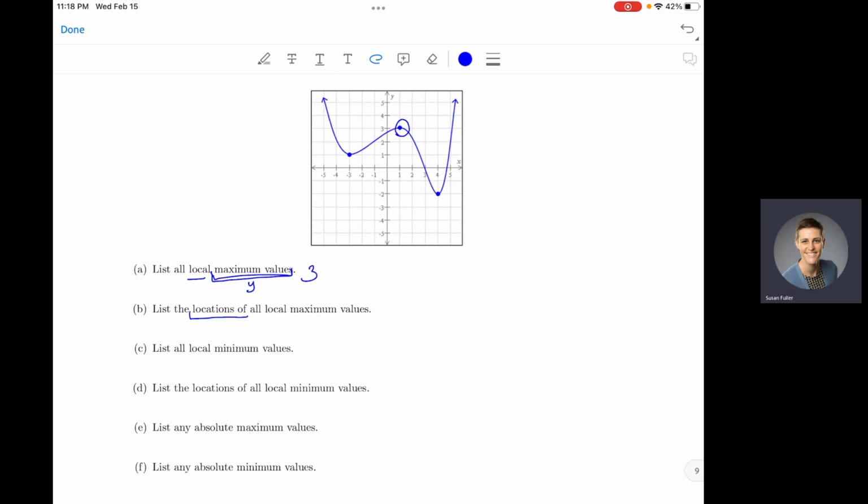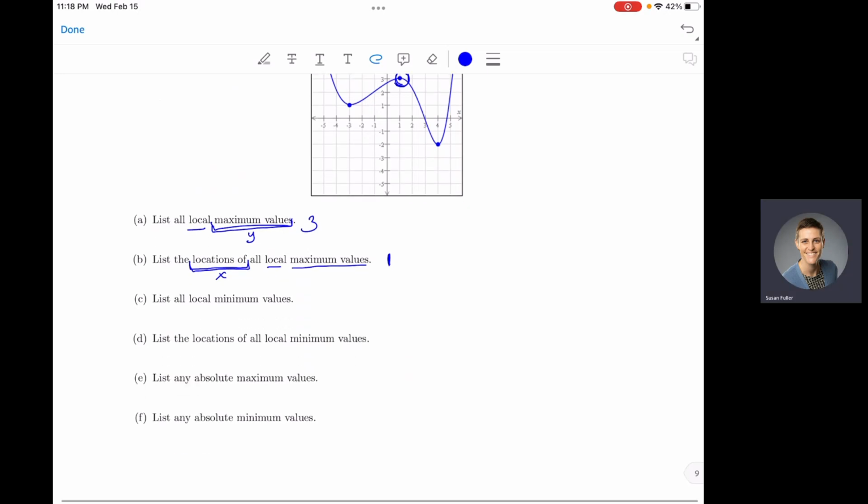The location of, that means the x value of the local maximums. Well, again, this is the only top of the hill we have. The x value that's associated with that point is x equals 1. So that's the location of our local maximum.